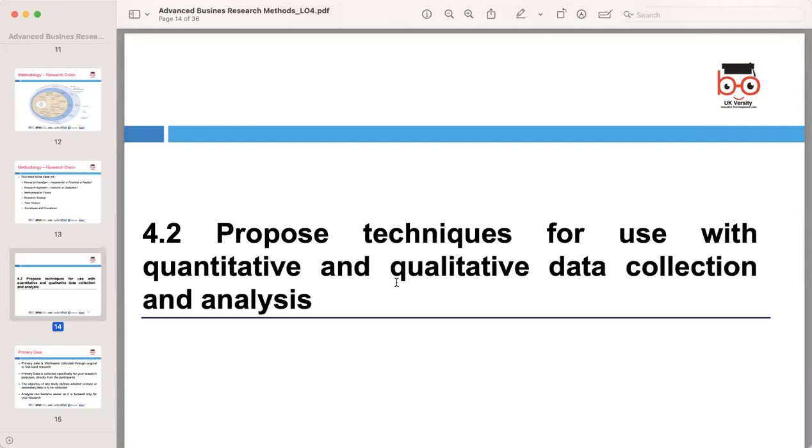So by using a combination of quantitative and qualitative data collection and analysis techniques, researchers can obtain a comprehensive understanding of their research topic. Surveys, observations, interviews, focus groups, and document analysis are effective methods for collecting data.